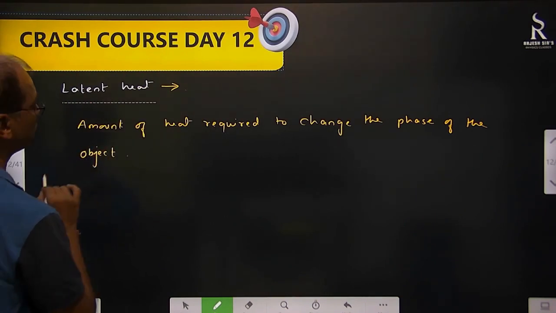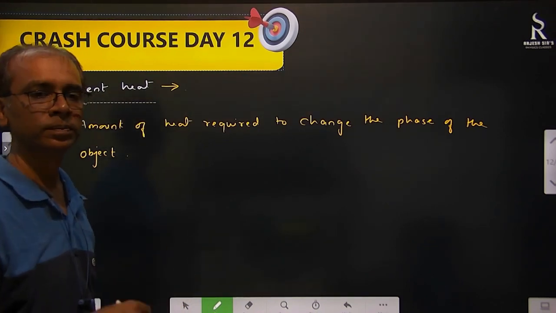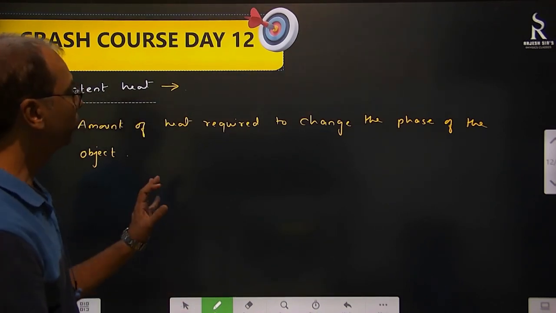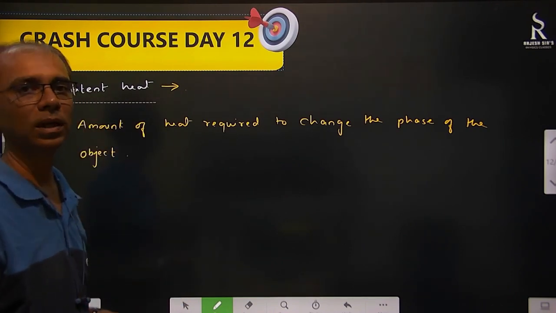That means you want to change the phase, means you want to change solid to liquid, liquid to gas, or gas to liquid, or liquid to solid. So, amount of heat involved, amount of heat transfer. Okay, we call it as latent heat.